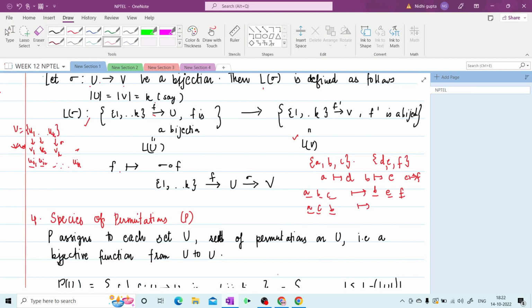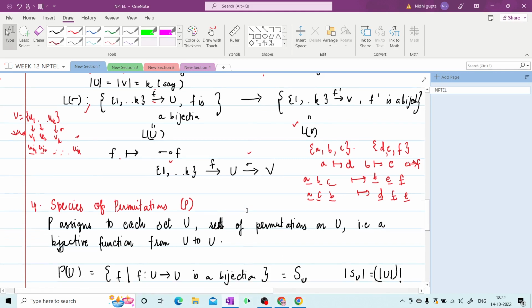It should be D, F, E. So you see, if f is a bijection, this sigma o f is also a bijection. So basically we are renaming the symbols in our linear arrangement.